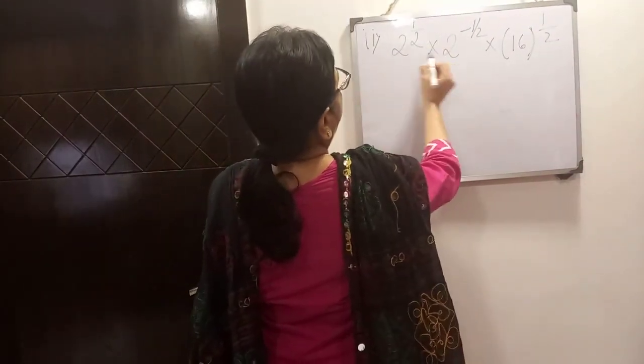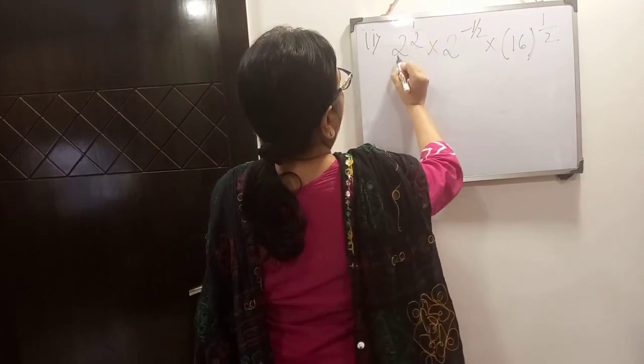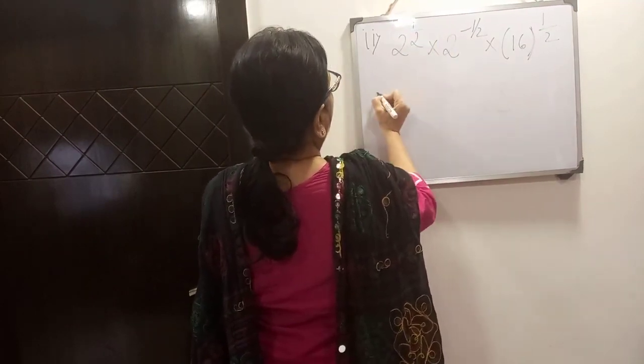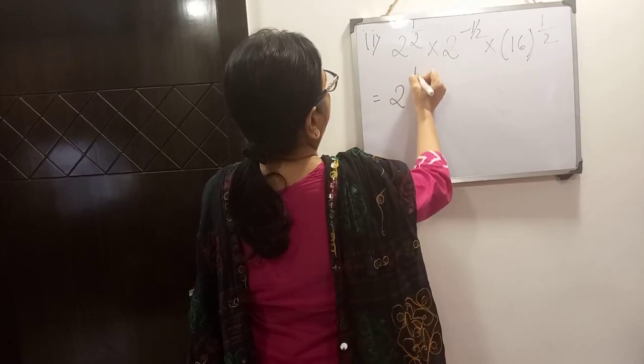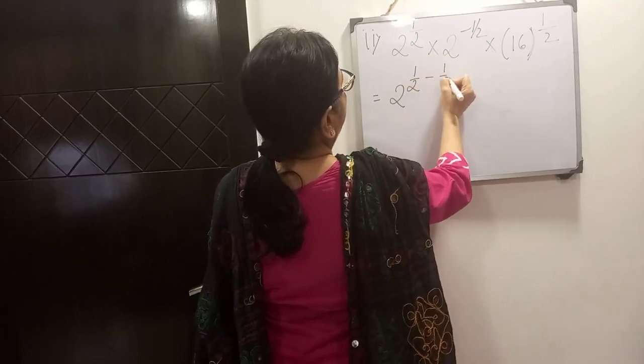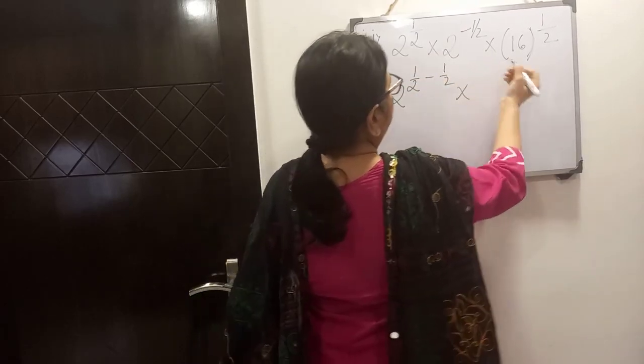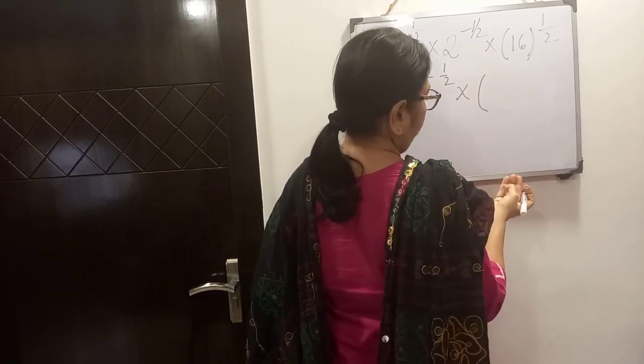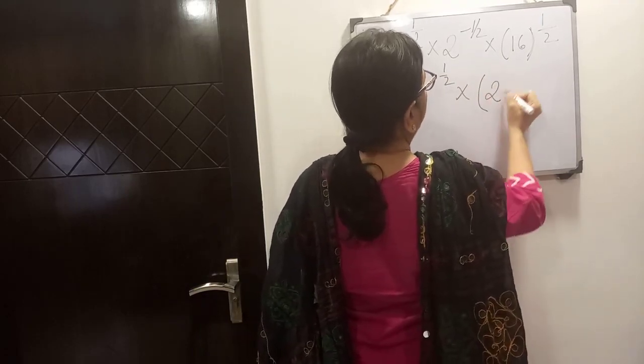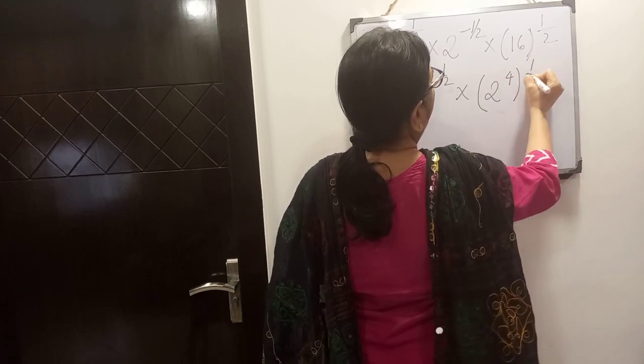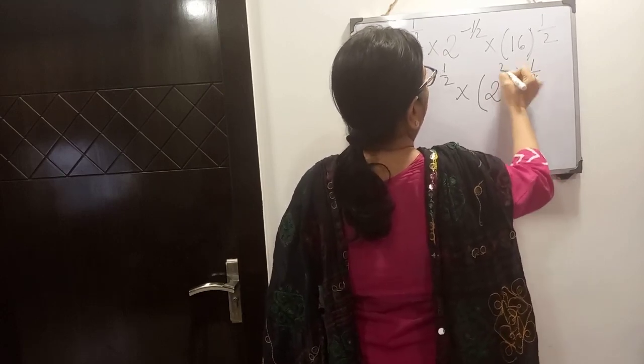Now you know, same base. So in case of multiplication with the same base, powers will be added. So you can write half minus half. Clear? And 16 in terms of 2: 2 2s are 4, 4 2s are 8, 8 2s are 16, 2 to the power 4. Clear? In this way you have to do.